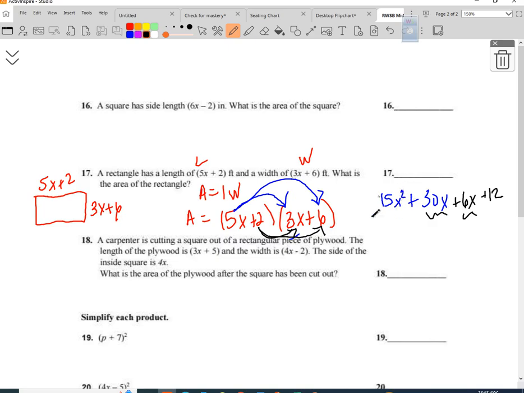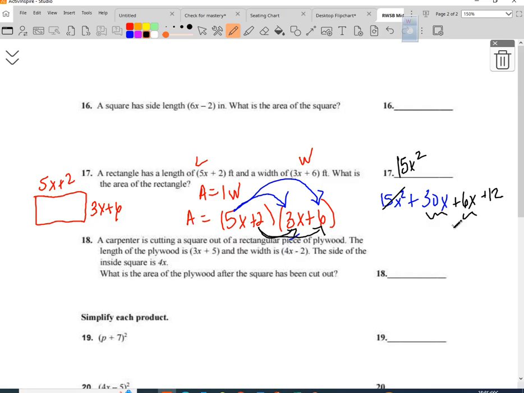So my final answer is going to be this x squared term. I don't have anything I can combine it with. What is 30x plus 6x? Not x squared. If you're adding, remember that the exponent never changes.